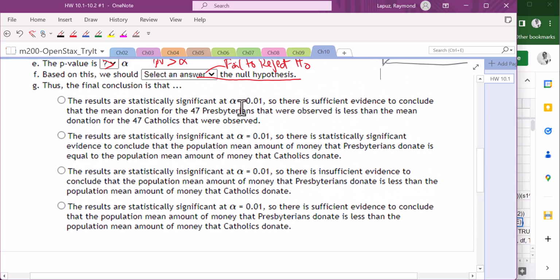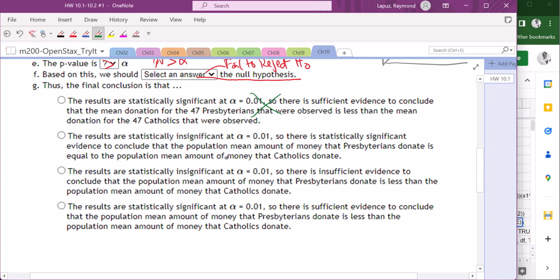So here, let's say there's sufficient evidence to conclude that the mean was less than that. We can't conclude that because we're just saying that they're about the same.